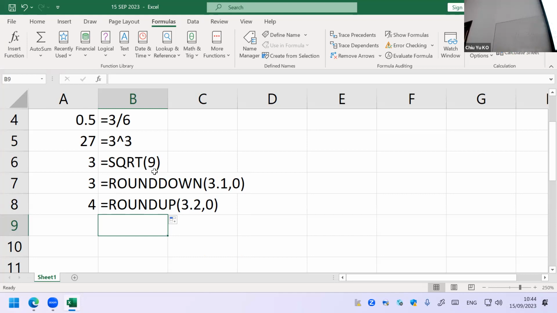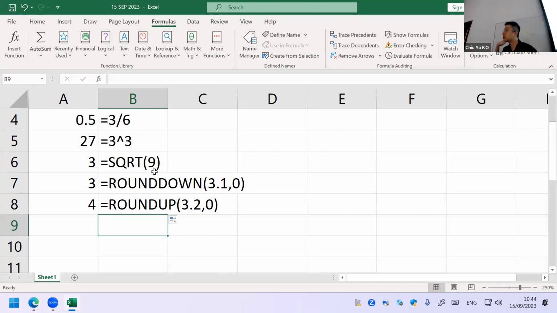You can check the video again, or you can check the slide again, or you can check the Excel sheet again. So these are the functions that we actually cover, right? So that is how, if you have a number, you can operate on it, right? Is that okay? Round up is like you go up, right? 3.2 becomes 4, right? Round down, you just take away. Is that okay up to now?